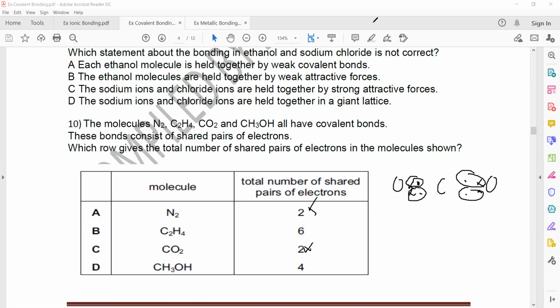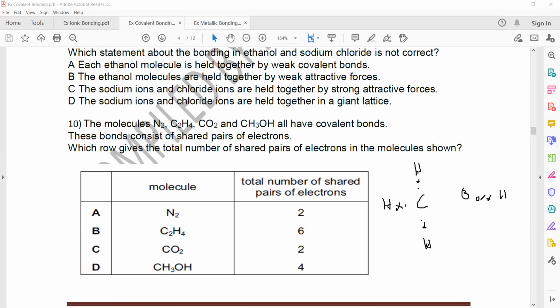Then CH3OH. CH3OH means carbon with 3 hydrogens, then oxygen, then hydrogen. Hydrogen shares 1, so carbon will share 1 from that side, because we always start sharing from the least number.